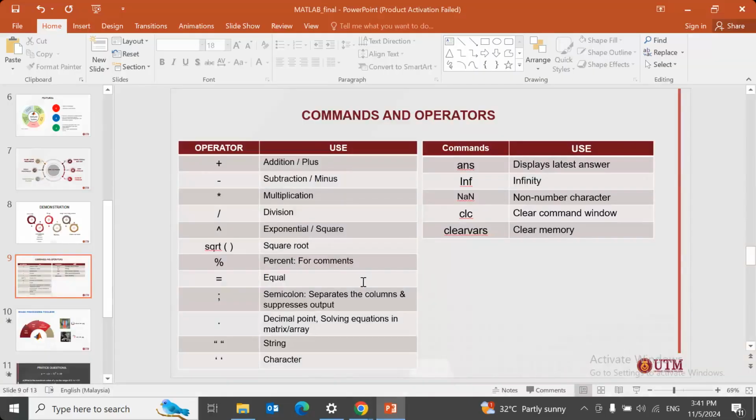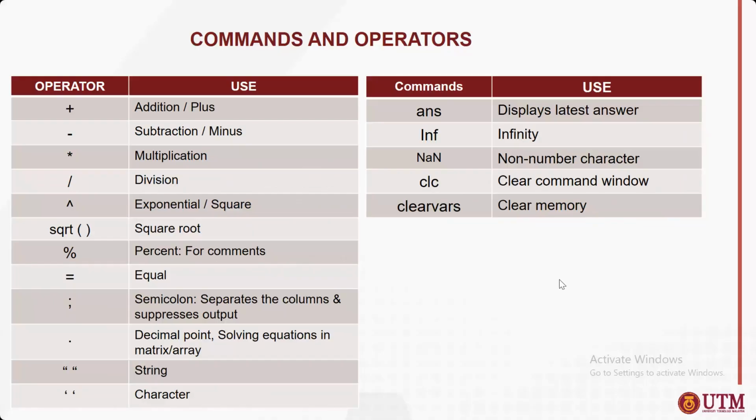And the commands, okay, as we recall what Nicholas showed you, I will show you the basic commands that he just showed you guys. So these are the commands and operators that you would be using in MATLAB often. The first ones are the widely used operators as usual. Addition, you use your plus sign.